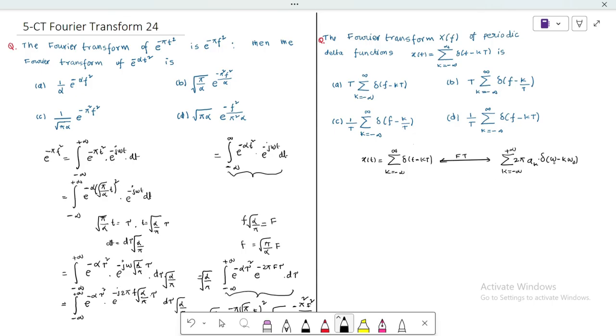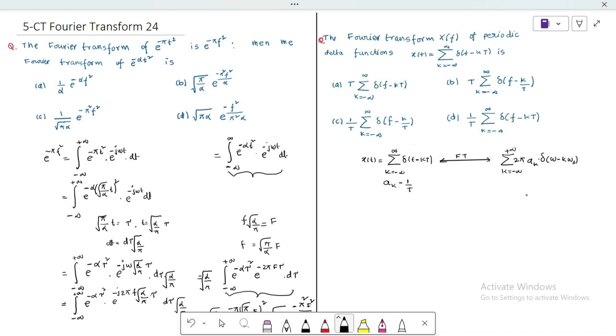But in the linear frequency, we would not get the 2 pi. So for this periodic signal, the a_k value equals 1 by time period.